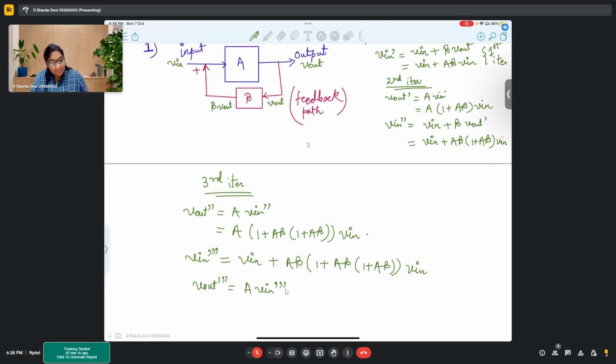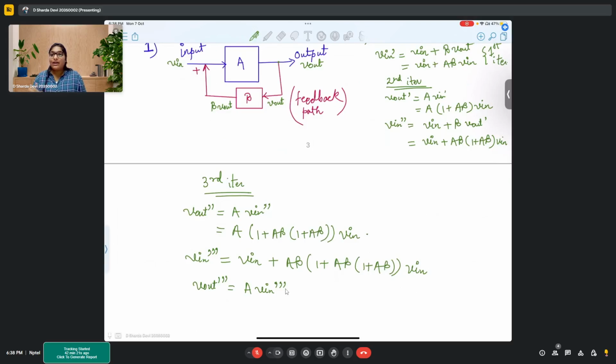Because ideally, because of the simple system, it would have been A into V in as my V out. But now, with this positive feedback, your output is continuously increasing.